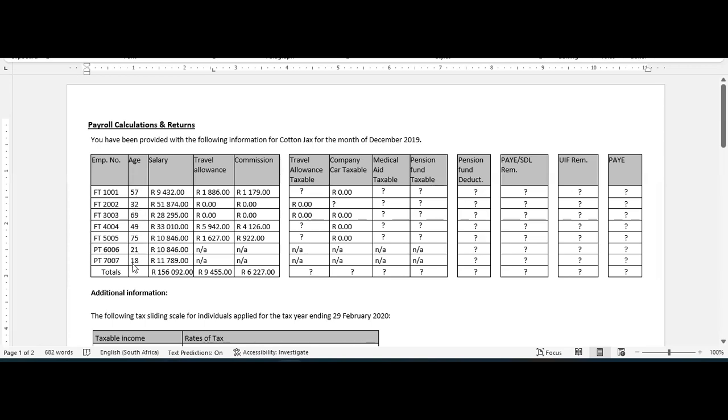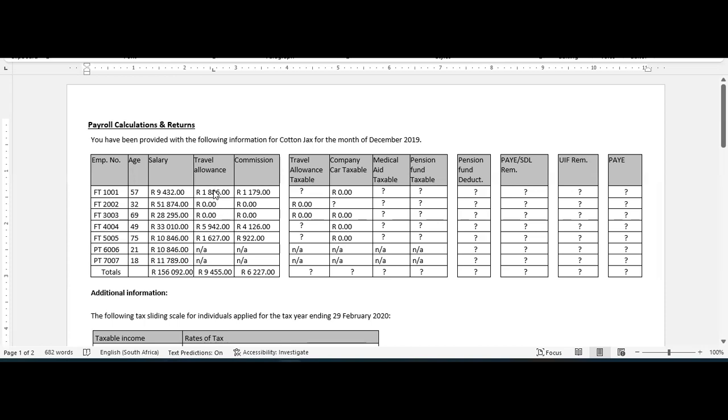The age is important, remember, because it tells us whether the guy is going to get a primary rebate only, or whether he's going to get a primary and a secondary rebate, or in the case of this old man that's already 75, he will get the primary, the secondary, and the tertiary rebate. Who, I don't know, maybe it's a woman. So then they give you the monthly basic salary for each one.